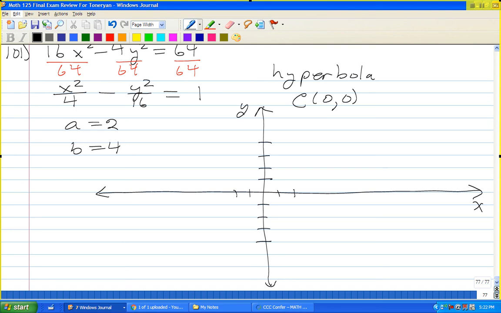Let me draw the bounding rectangle. Let me try to draw the asymptote. Let's draw another asymptote. Okay.